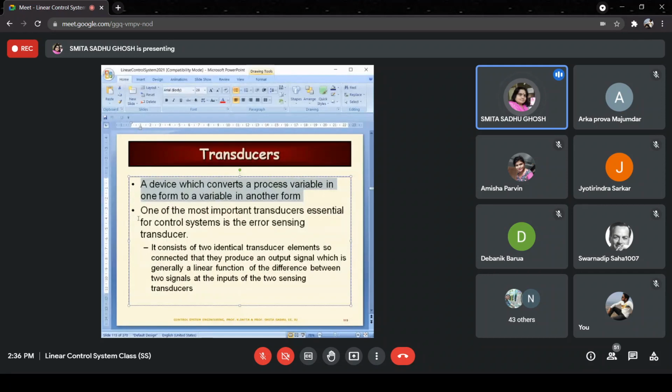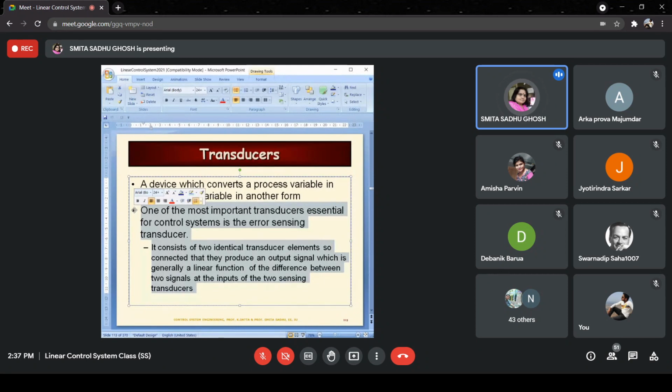Now over here, we are going to actually do some specific types of transducers, which are used as parts of control systems. That would be the focus of this particular class. One of the most important transducers essential for control systems is the error sensing transducer. You would recollect that in all that we have done so far, we have been drawing block diagrams, and in that block diagram, there is a particular portion which we call the error sensor or error detector.